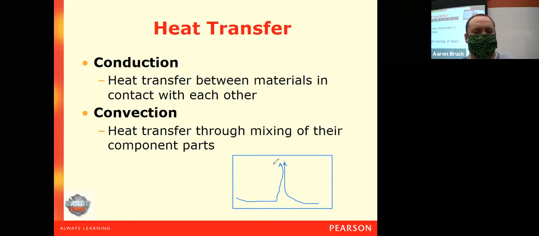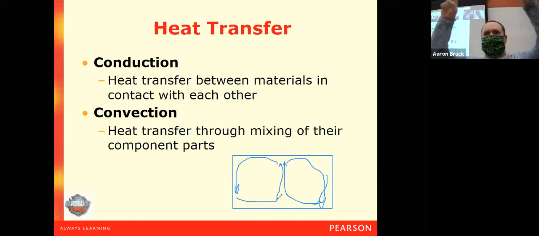And then in the case of a convection oven, as the heat gets absorbed toward the top, it falls back to the bottom, where it gets heated up again and it just kind of circulates.